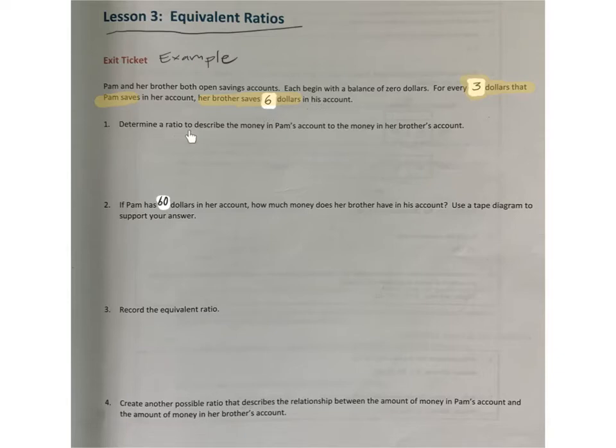Now they want you to determine a ratio to describe the money in Pam's account to, and let's define that real quick, that's our colon, just to make sure you know that, to the money in her brother's account.